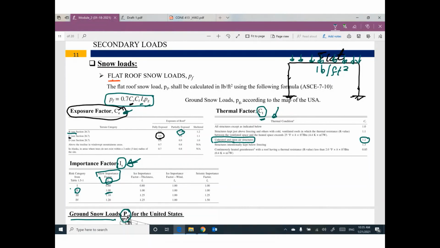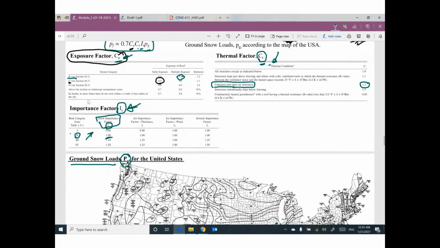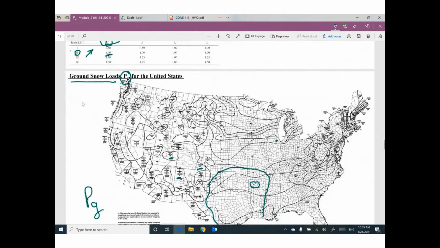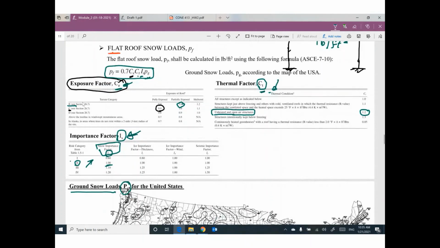CE, exposure factor from this table. CT, thermal factor from this table. IS, importance factor from this table. PG, ground snow load, based on this map of the United States according to the location of the building. If you multiply these values together, you can get the snow load P_f on a flat roof.